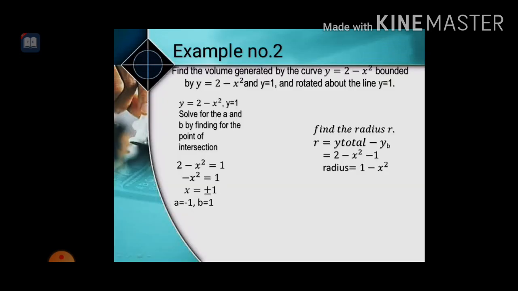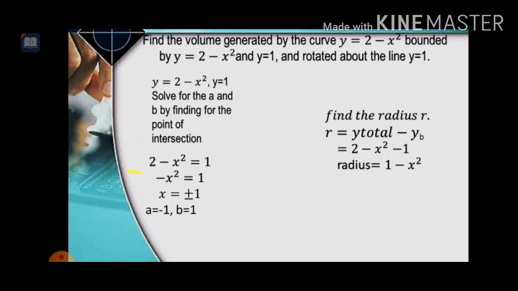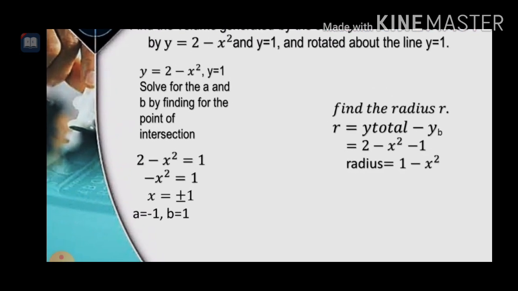So in example number 2, find the volume generated by the curve y equals 2 minus x squared bounded by y equals 2 minus x squared and y is equal to 1 and rotated about the line y is equal to 1. So y is equal to 2 minus x squared and y is equal to 1. Solve for a and b by finding the points of intersection.